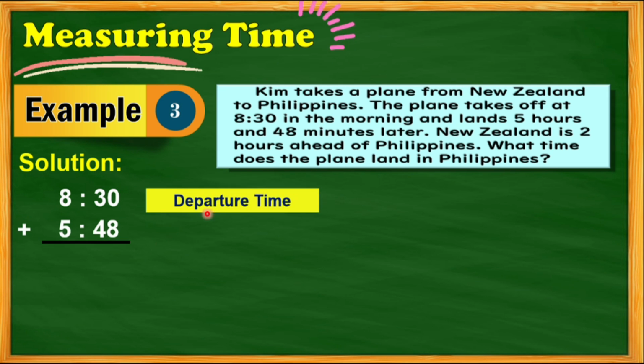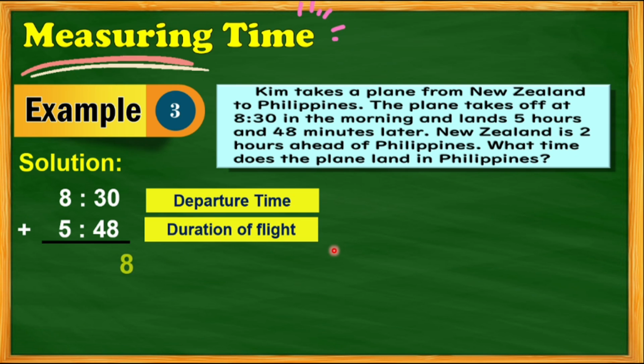So, the departure time and the duration of the flight. Then, we need to add 0 plus 8 is 8, 3 plus 4 is 7, colon, 8 plus 5 is 13. So, this will be the time that Kim landed in the Philippines.